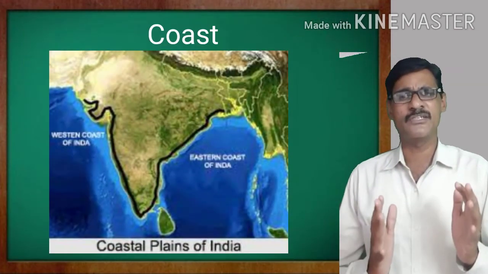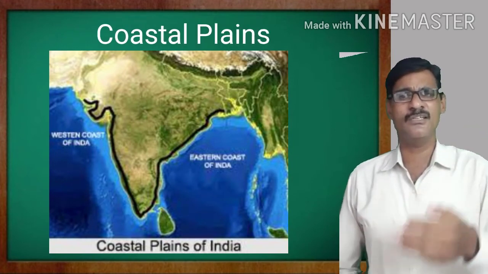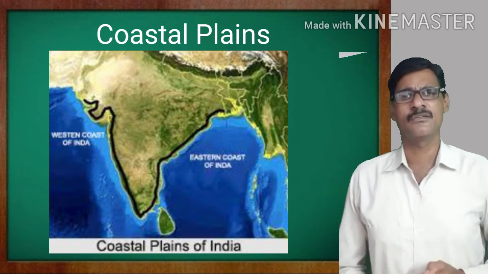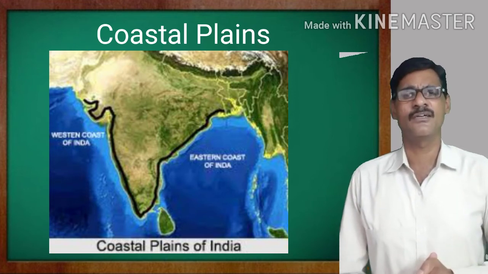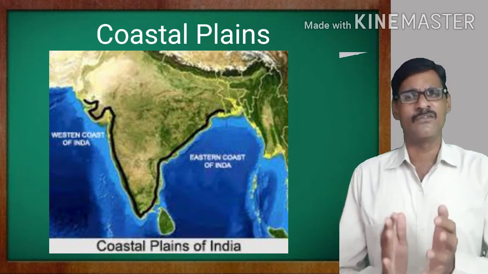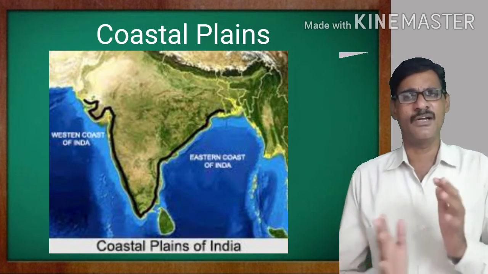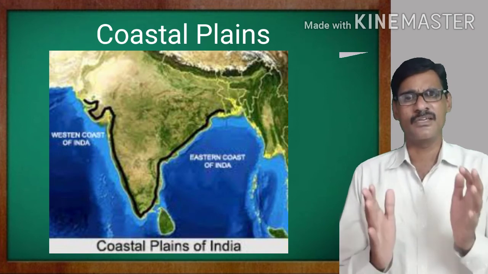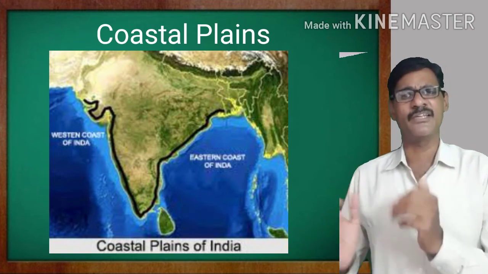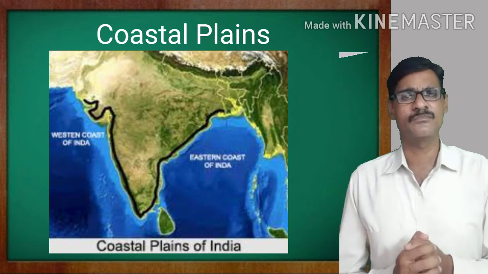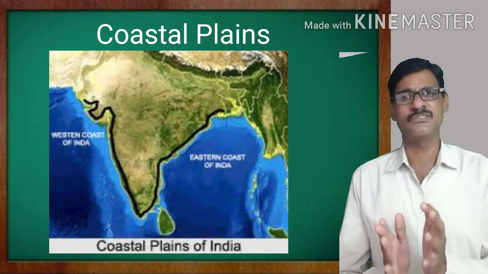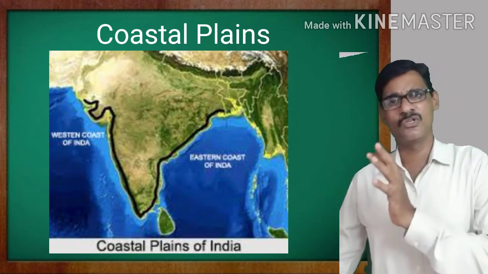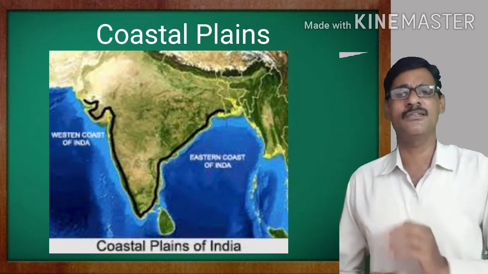The plain land that lies along the coast is called coastal plain. We have the western coastal plain and eastern coastal plain. The west coastal plain is narrow and stretches between the Western Ghats and the Arabian Sea.